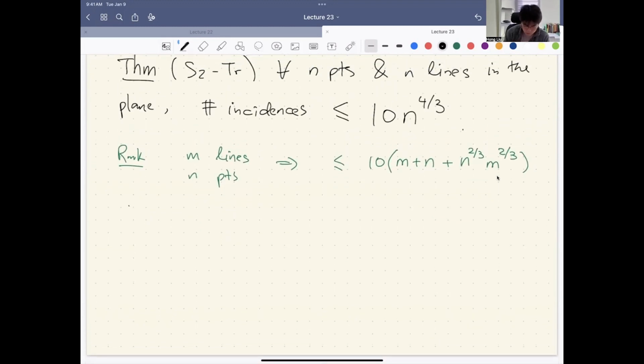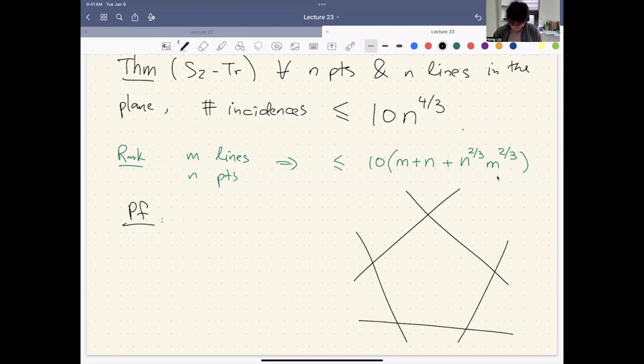Proof. The auxiliary graph is a very simple one. Let me first describe it and then write it down in detail.